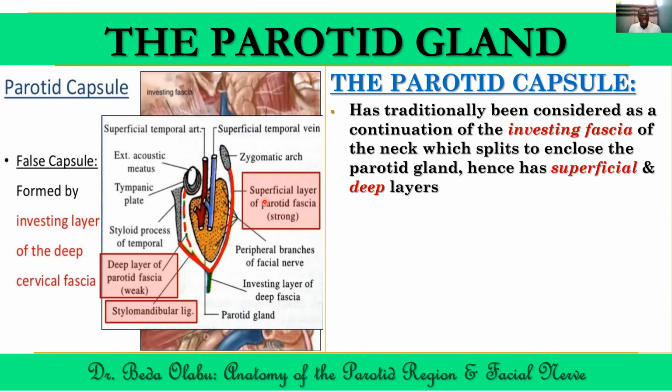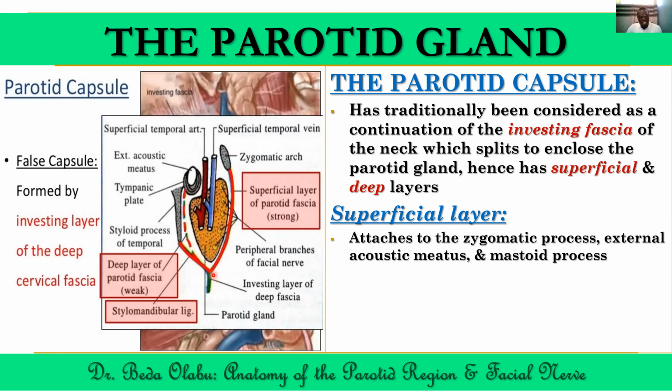So its superior extension is what has been considered to be part of the parotid capsule. Historically, it's been described as just a split of the investing fascia into two. There's one layer that passes superficial, which we call the superficial layer of the parotid capsule, and a layer that passes deep, which we call the deep layer of the parotid fascia or capsule.